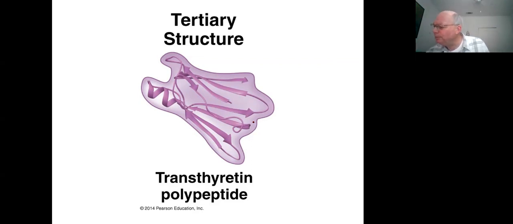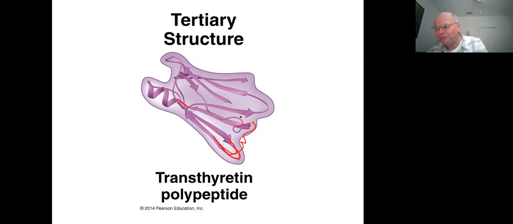So here's a beta pleated sheet that we can look at. These two pleated regions are in fact sequential. You can see that they're linked there. But the third member is actually well separated. This goes off over here somewhere. This goes off over here. This pleated region is actually not sequential in the sequence of amino acids.